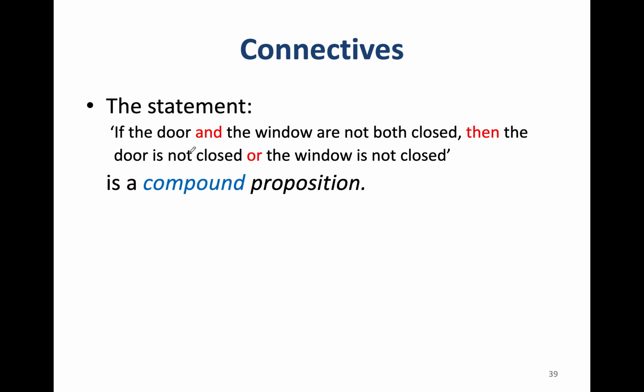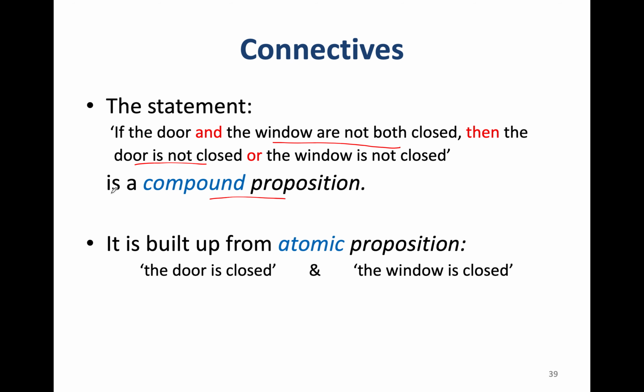If we go back to our statement here, we call this a compound statement because I have more than one proposition. The first proposition is the window is closed. The second proposition is the door is closed. So this statement is built up from atomic propositions, which are the door is closed and the window is closed.